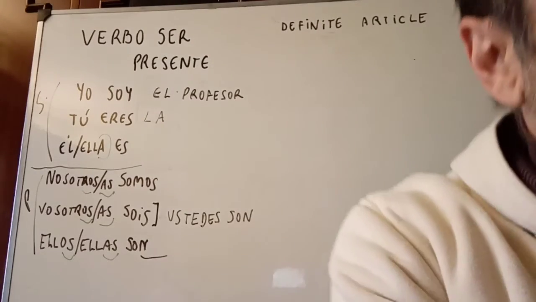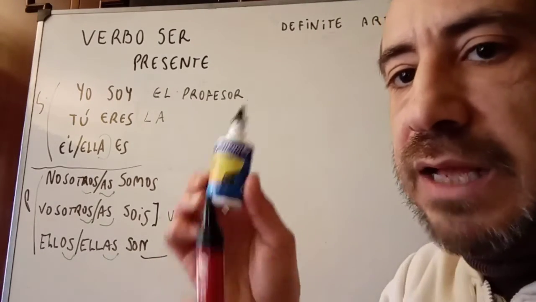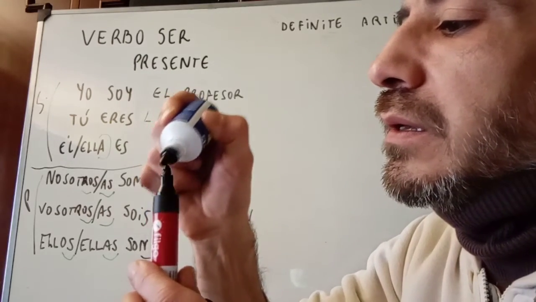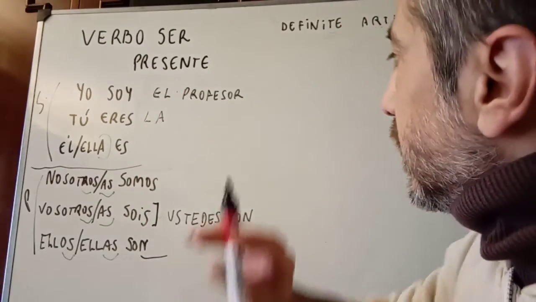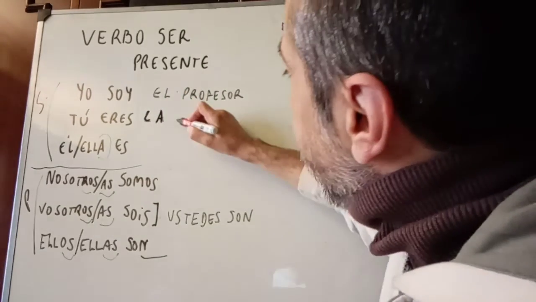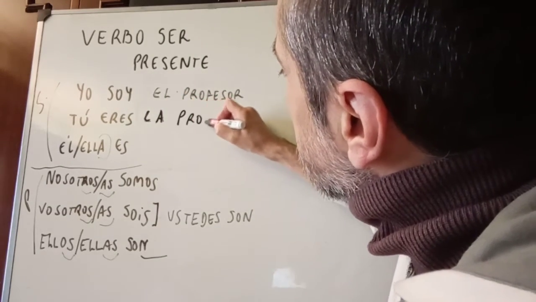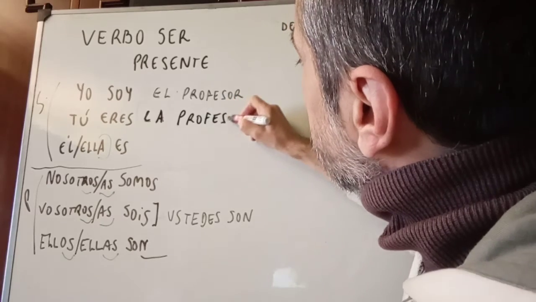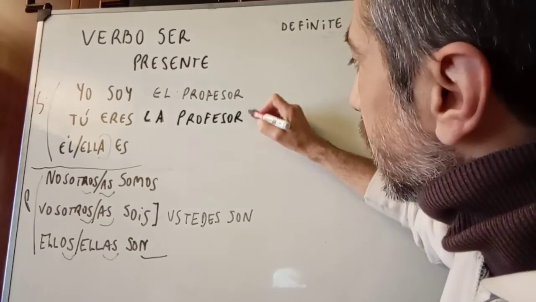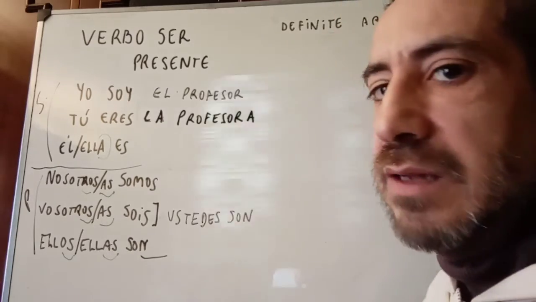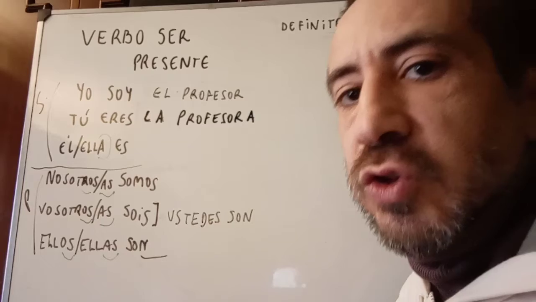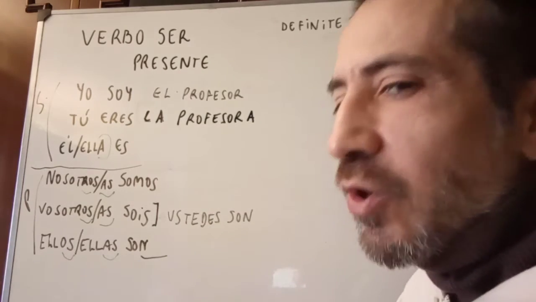Sorry. I'll have to use this pelican. It's the trademark. Tú eres la. And when a word in Spanish, when the masculine form ends in R, we add the letter A. El profesor, la profesora. El doctor, la doctora. El actor, la actriz.